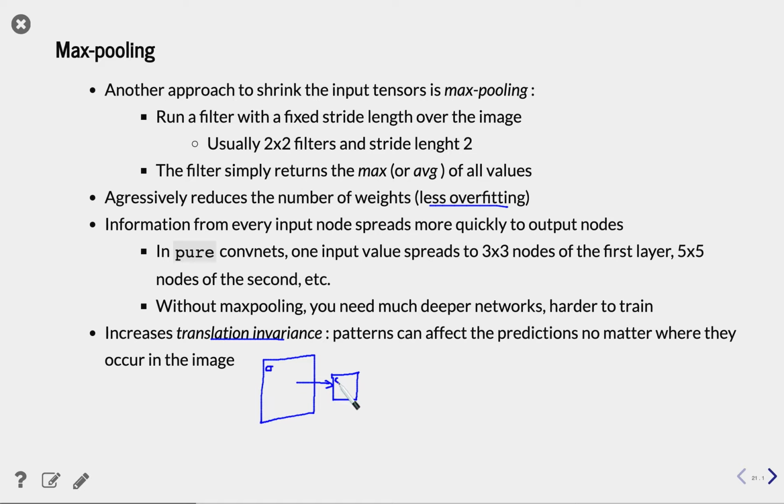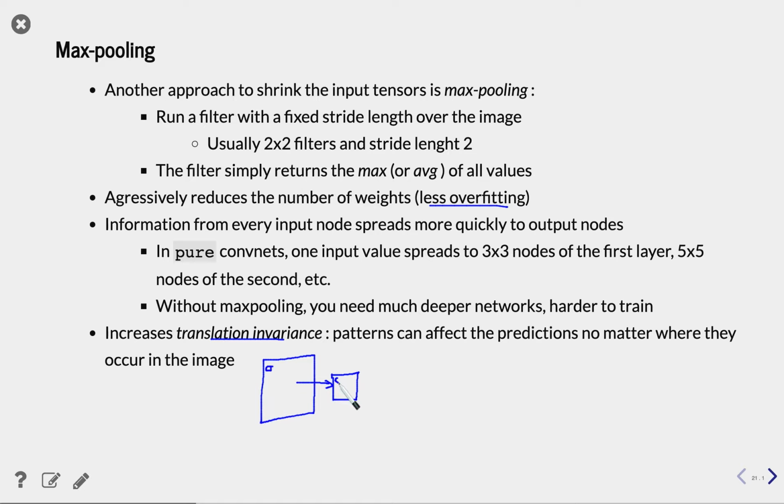Why is this bad? Because then it depends on where something is in an image for me to recognize it, right? And if I use max pooling, this information spreads more quickly to the entire image. And if at the end this information is spread in the entire output of the next layer, right? So we do max pooling again, and then basically if something happens here, then it reaches the entire output, right?